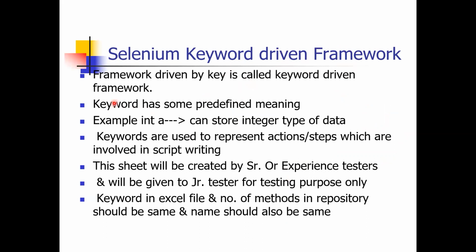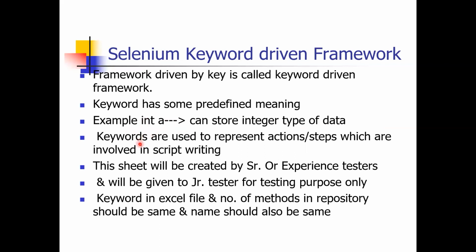Keyword means it has some predefined meaning. Suppose the keyword is URL, so the meaning is a uniform resource locator, some link of a website. If the keyword is int, its meaning is that the type is integer. If the keyword is float, the type is floating.